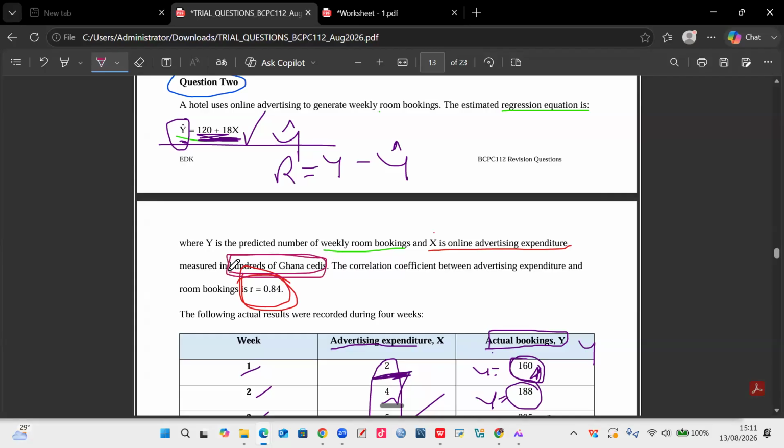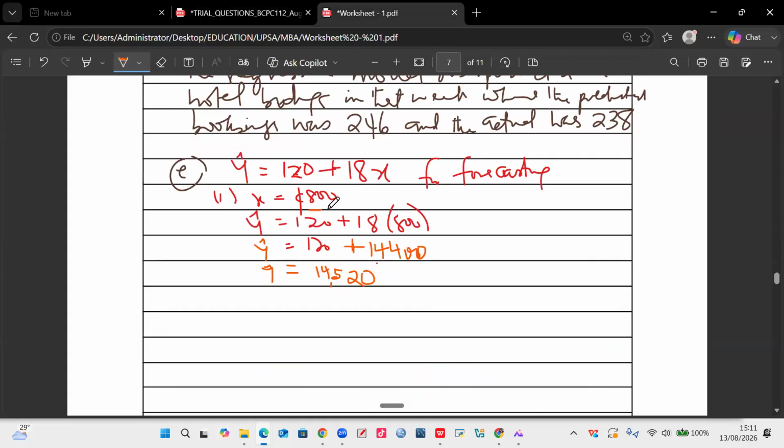So if they are saying 800, it is measured in hundreds, so we can say it is 8, doing away with the zeros. Instead of saying 800, we say 8.